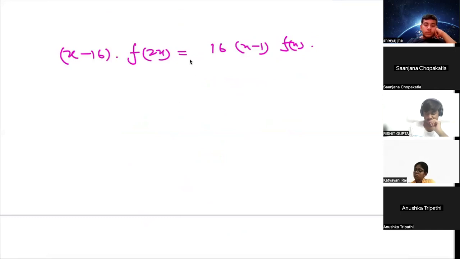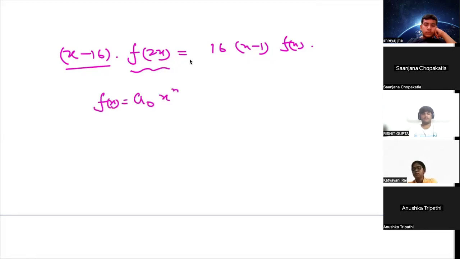Now we assume this polynomial f(x) is a naught x to the power n plus a1 x to the power n minus 1 up to a_n. This is the normal general polynomial, right?